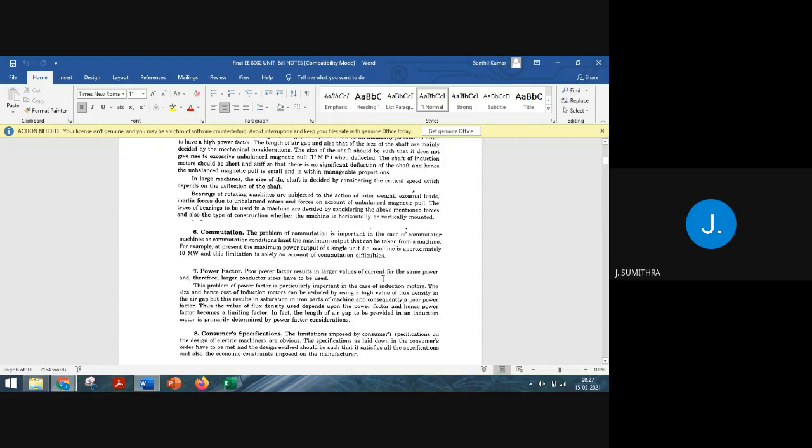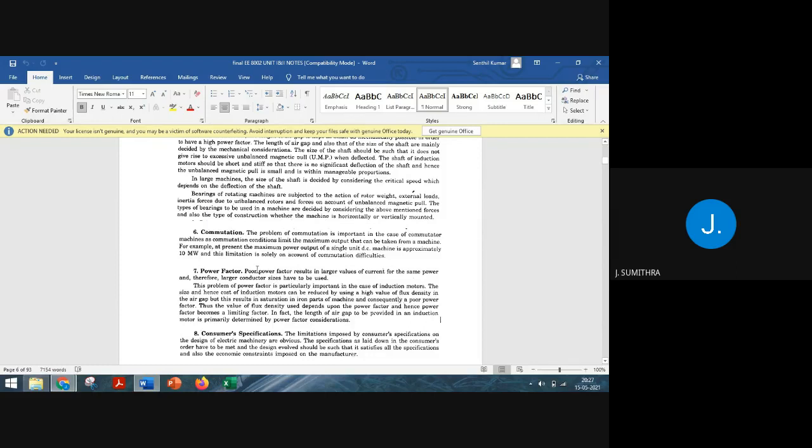So it is not advisable to operate any machine with a poor power factor, since it results in increased cost, and at the same time the efficiency drastically decreases because of various power losses.